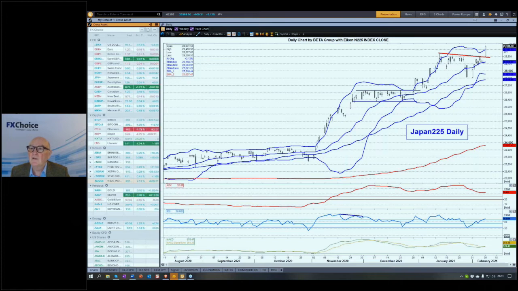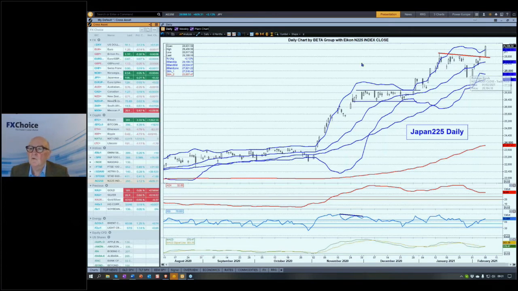Today we've burst ahead here, ending this pause that we had. It is very bullish. We had this pullback, which, if you weren't long, was a good opportunity to get back in the direction of the trend.